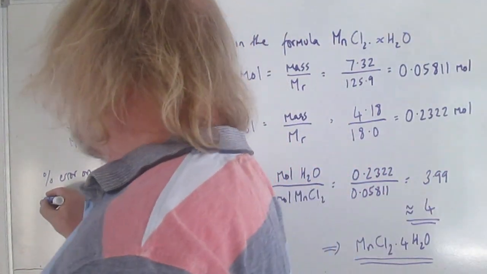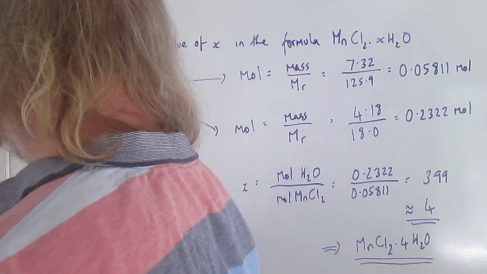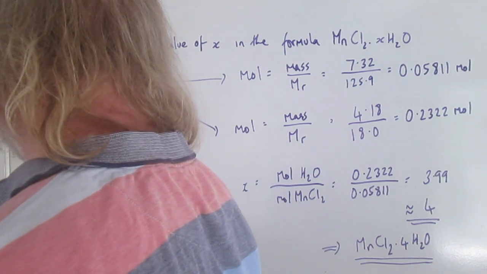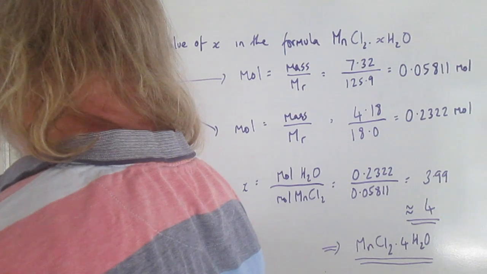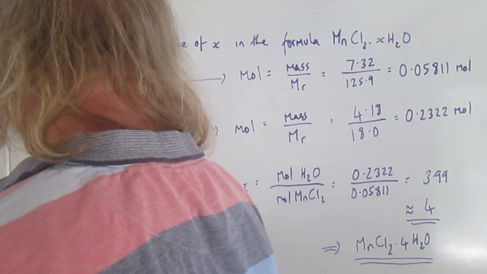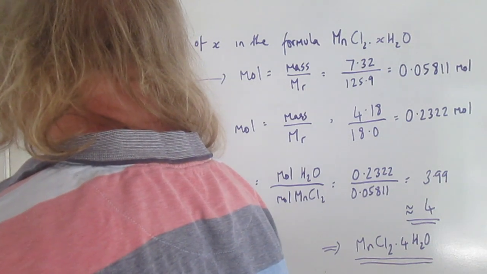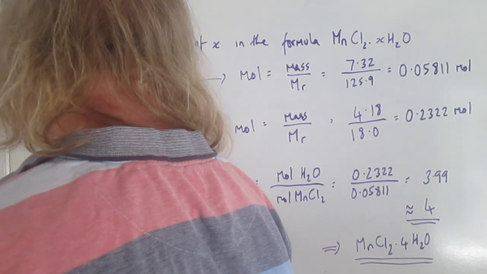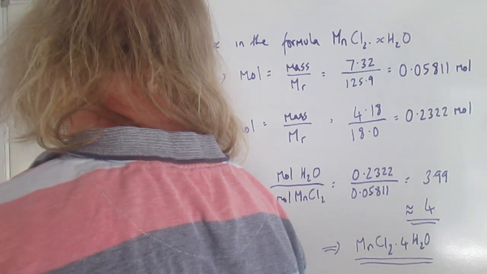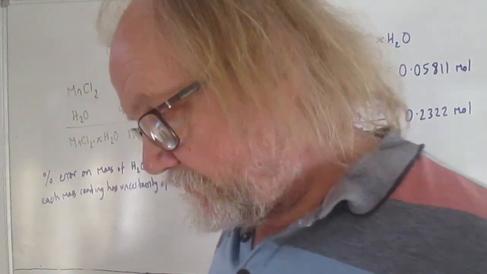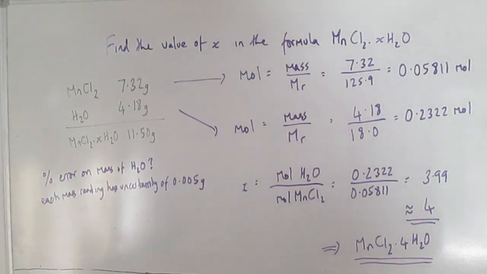But let's say that each mass reading has an uncertainty of 0.005 grams, and that's the minimum uncertainty you can have if you have a 2 decimal place balance.